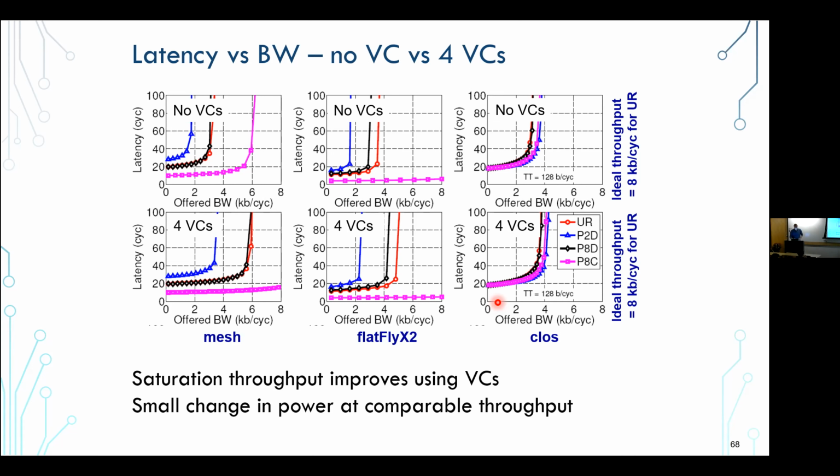All of these things give you some trade-off between the overall achievable throughput for a given pattern and the latency. So here you see basically that with 4 VCs, for all of the traffic patterns that were chosen here, I have some improvement in the overall saturation throughput in the application.